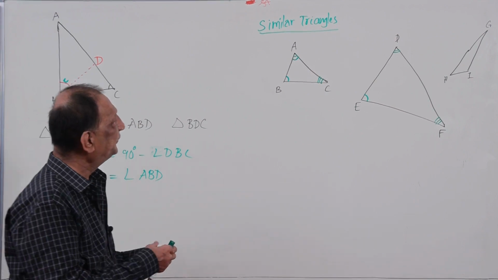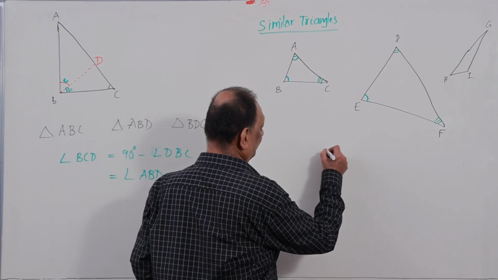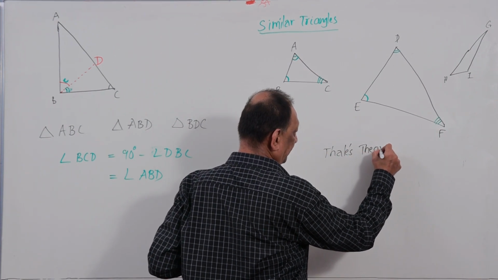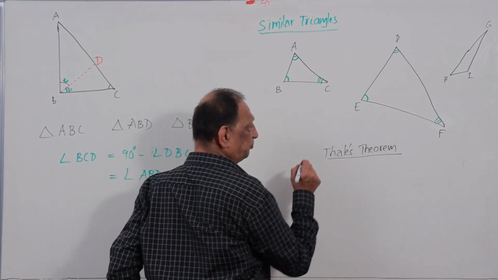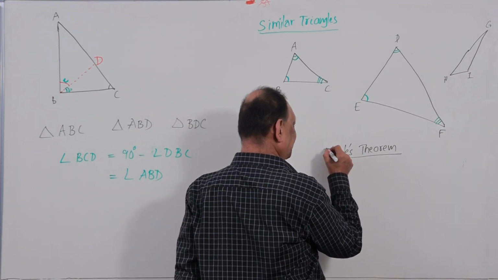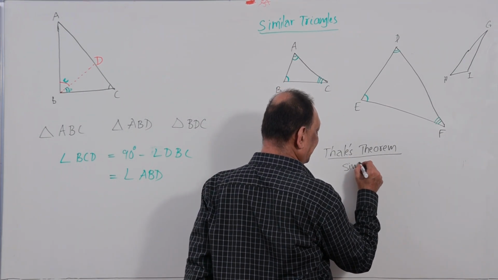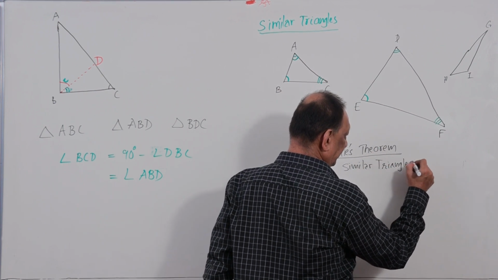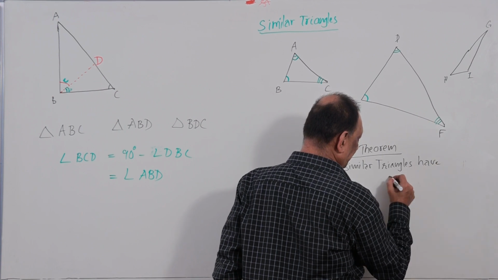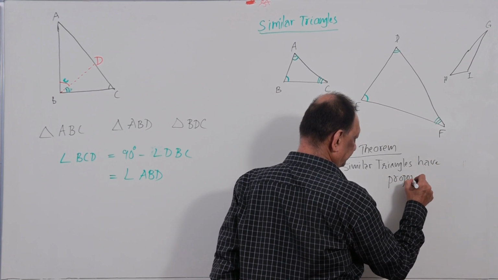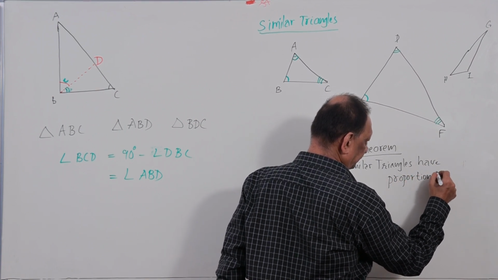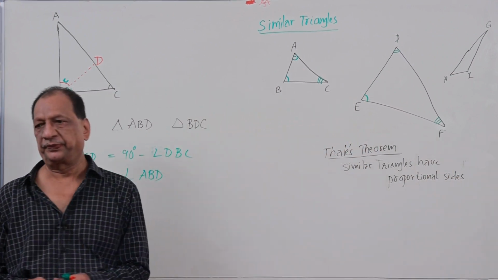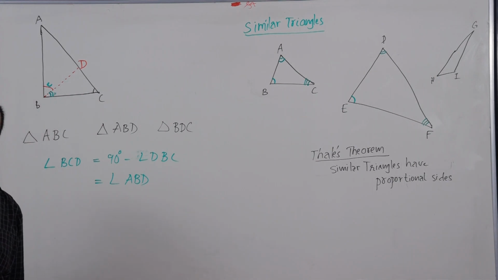So the theorem, which is Thales' theorem, I will state that. Very simple theorem to state. Similar triangles have proportional sides.